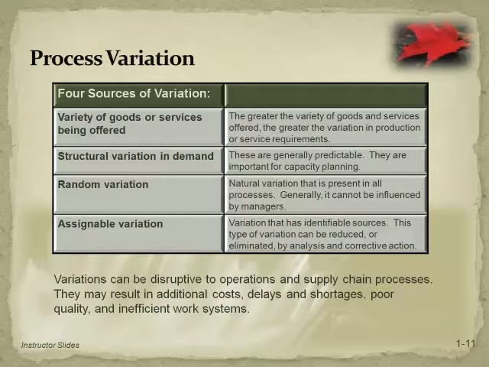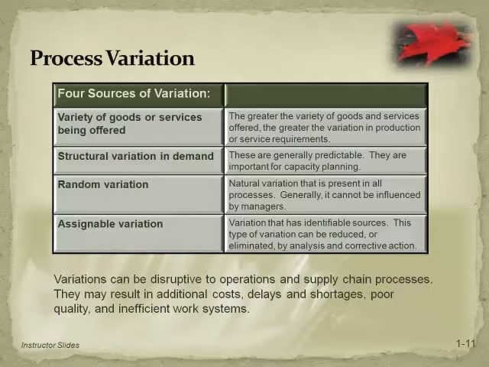And the output or the result will not be the same every day or every time that we perform the process. Therefore, we say that there is variation in the process. Now, there are a number of reasons why there will be variations in the process, or the output will be slightly different from one day to the next.